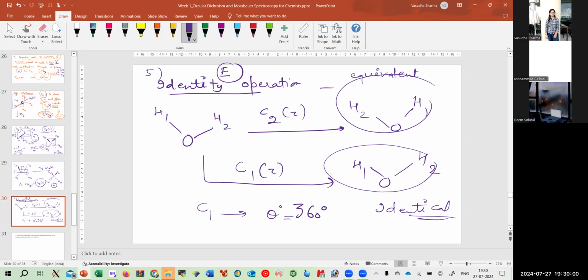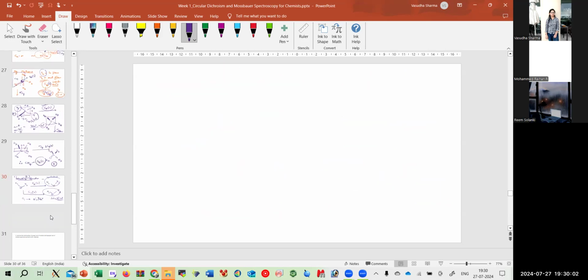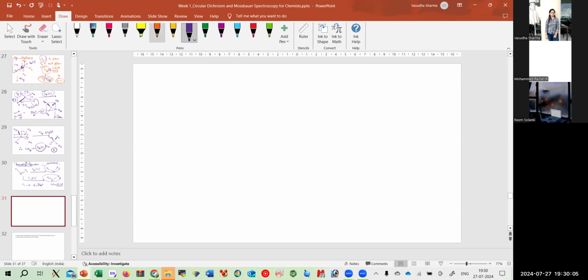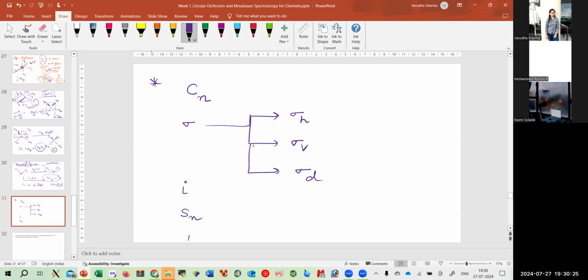So I hope this is clear to you. These are the main symbols that you need to remember. One is Cn, another is sigma, which is divided into three parts: sigma h, sigma v, and sigma d, followed by the inversion center, then Sn and E. Cn is nothing but your proper axis of rotation.